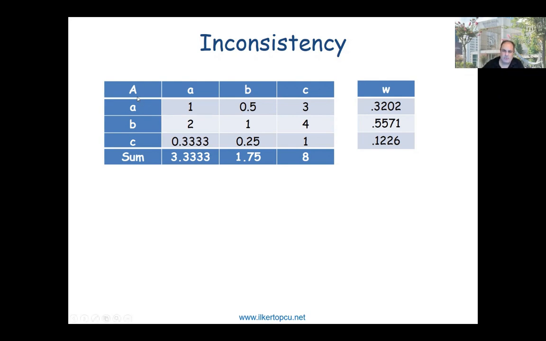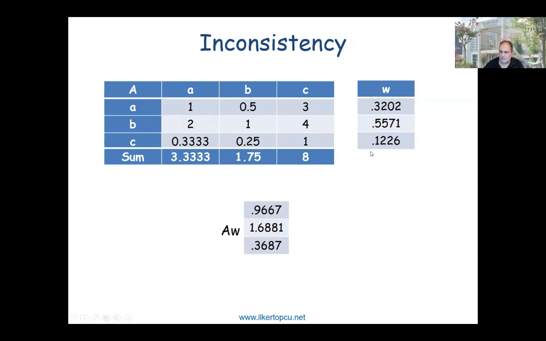Returning to the small 3 times 3 example pairwise comparison matrix, we have calculated the eigenvector. If the pairwise comparison matrix is capital A, and the eigenvector is W, we multiply this matrix with this vector. The 3 times 3 matrix multiplied by the 3 times 1 vector gives us another 3 times 1 vector, which is this one.